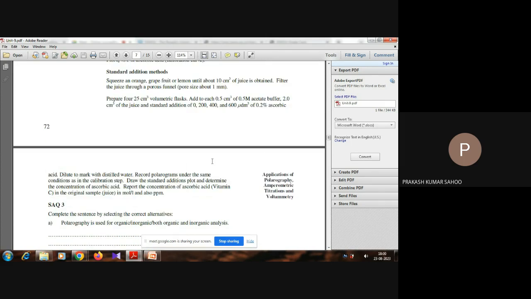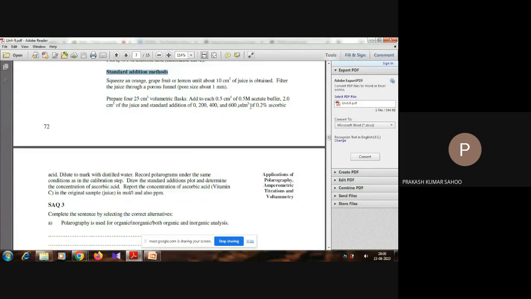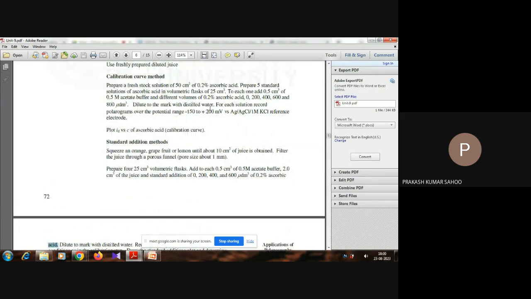So here the standard addition is happening. What is the standard addition? It is the addition of 0.2% standard ascorbic acid, which is not there in the first step. In the first step, we simply prepare the juice, and we have four different flasks, and we have added 0.5 milliliter of 0.5 molar acetate buffer.